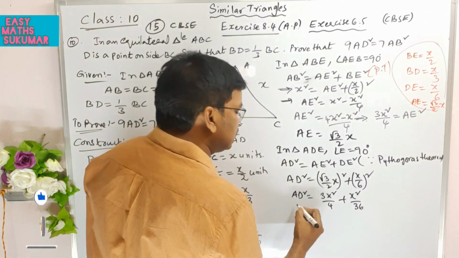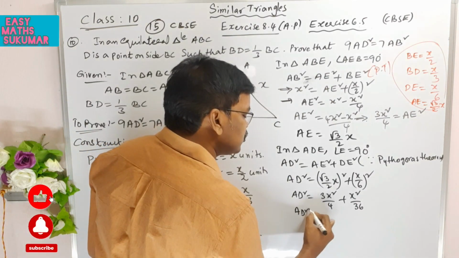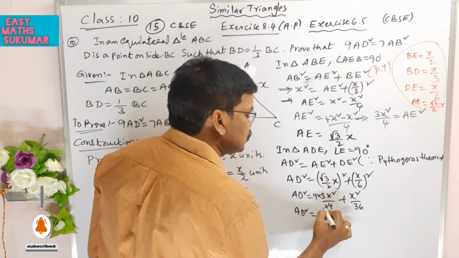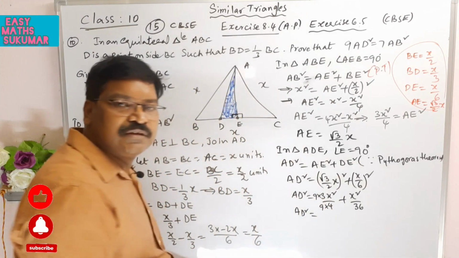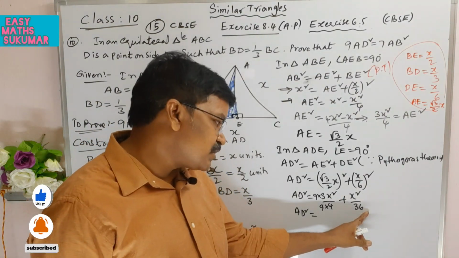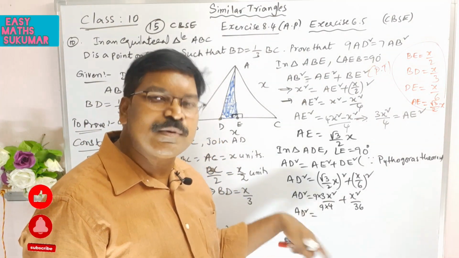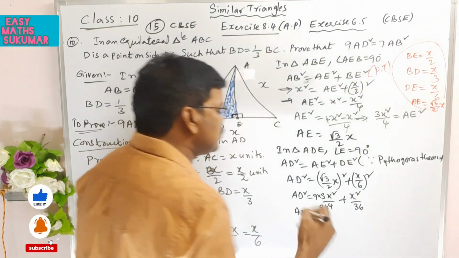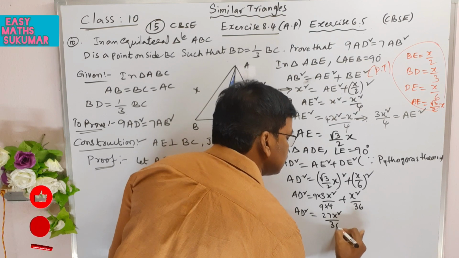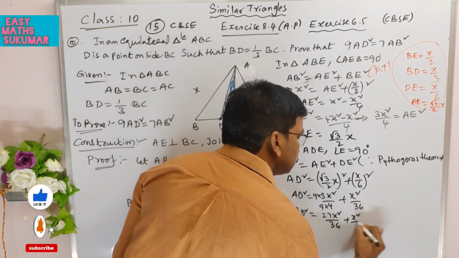Now AD square is equal to, let us multiply with 9 here, equalizing the two denominators. Here it is 36. To get 36 here, just multiply with 9. So that means 9 3s are 27x square by 36 plus x square by 36.